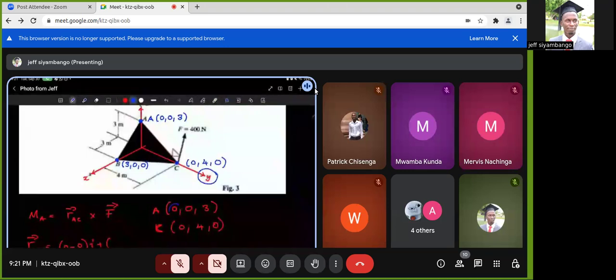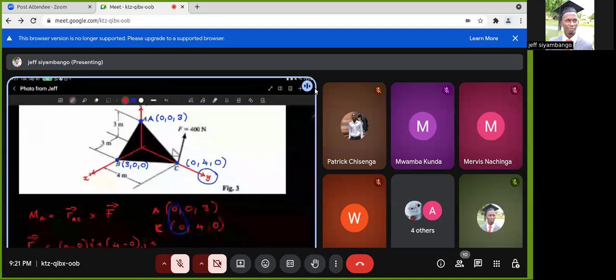The x coordinates will be 0 minus 0. Next for the y coordinates, at C we have 4 and at A we have 0. Then we go to the z coordinates.